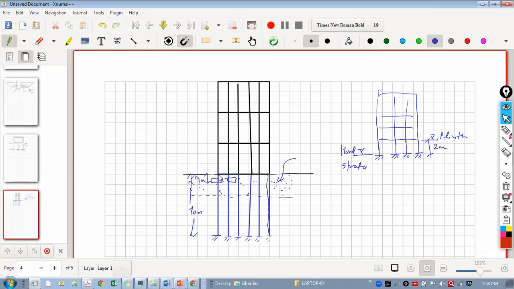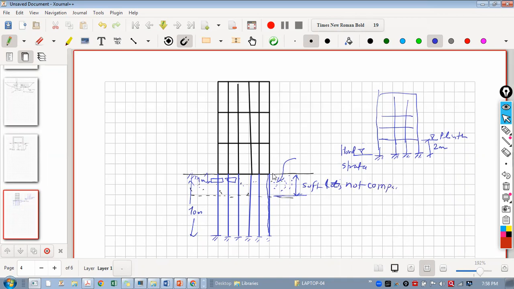For this pile cap construction, we are removing this soil, and due to man movement and machinery movement, this soil gets displaced. And I can say till this level, the soil is soft and displaced. So it is not compacted soil. Soft and displaced means not compacted properly because it got displaced.